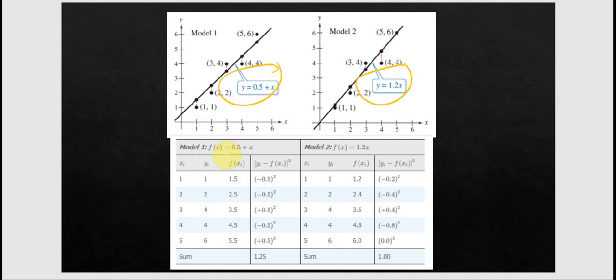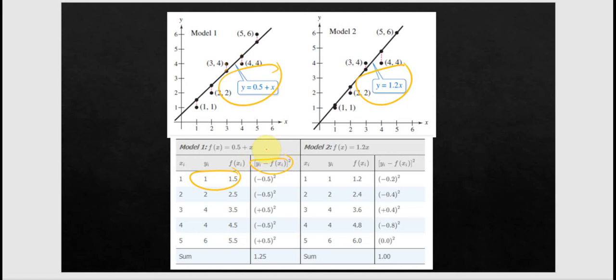Now what they want you to key in on would be the difference of these y values: you take these y values and subtract. So they take these values and do the subtraction, then they square.